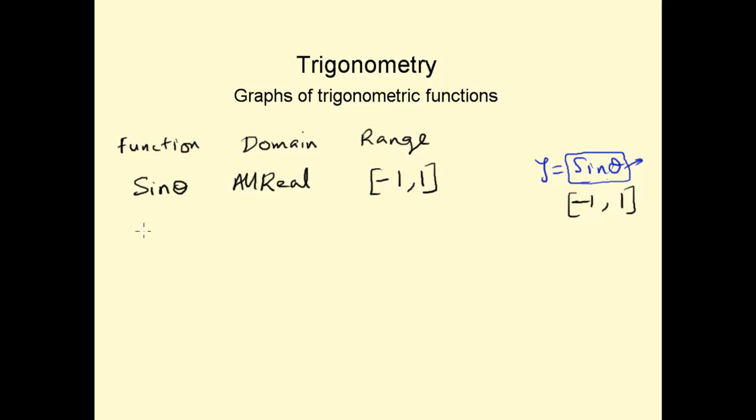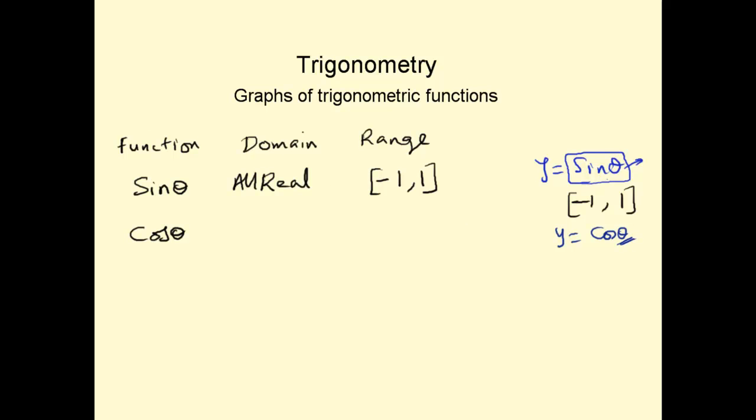Now let's move to cos theta. If y equal to cos theta, what is the domain for theta? Again, cos theta can take any values because there is nothing in the denominator and nothing stopping you from taking any values for theta.